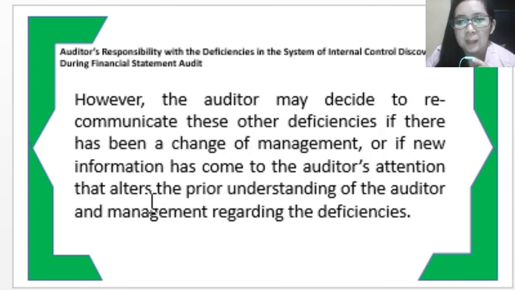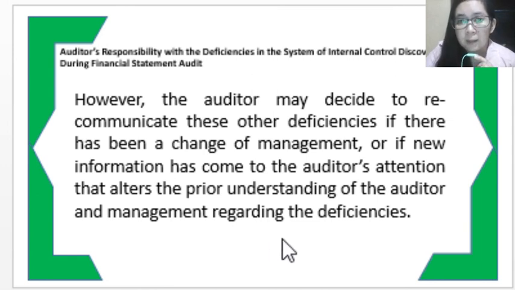Okay. However, the auditor may decide to recommunicate these deficiencies if there has been a change in management, or if new information has come to the auditor's attention that alters the prior understanding of the auditor and the management regarding the deficiencies.